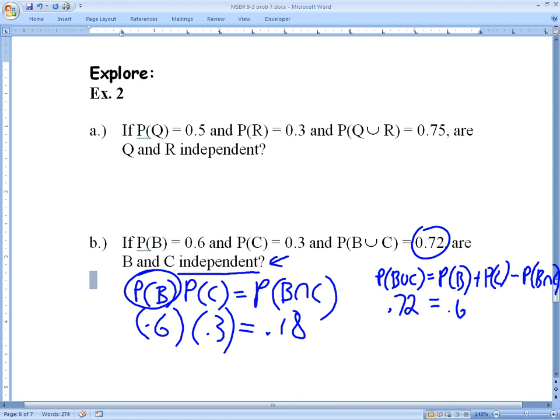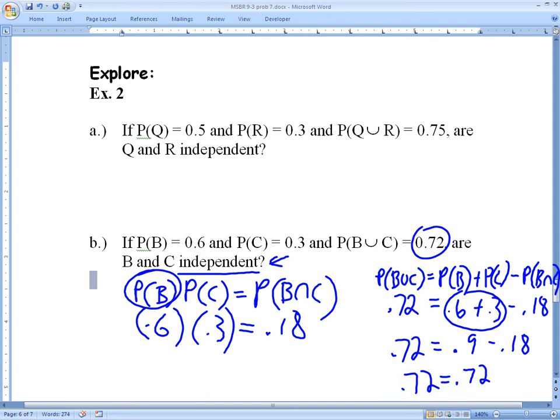Probability of B is 0.6, probability of C is 0.3, and we're subtracting the answer we just got, which is 0.18. 0.6 and 0.3 add up to become 0.9, bringing everything down, minus 0.18. 0.9 minus 0.18 is 0.72. 0.72 is equal to itself, so that's a true statement, which means this answer was correct, and the formula I used to get that answer was the independent events formula. So are these independent events? Yes, they are.